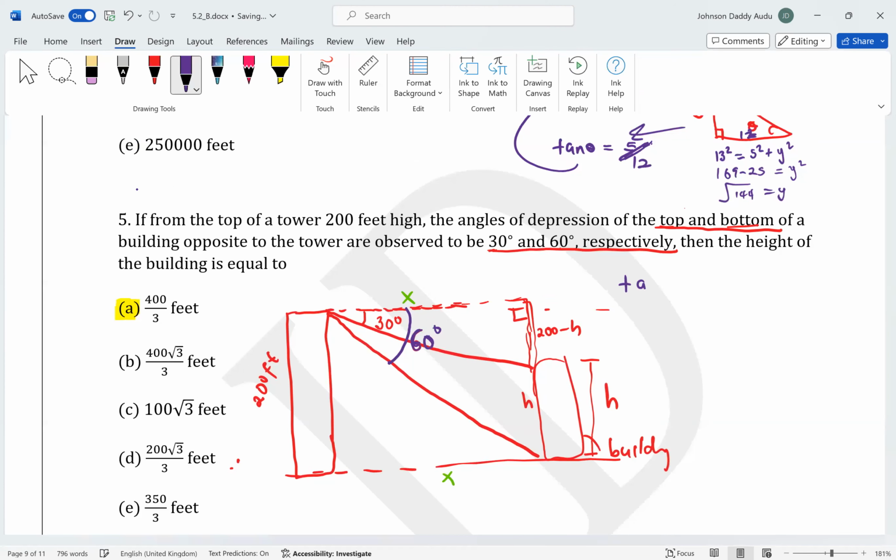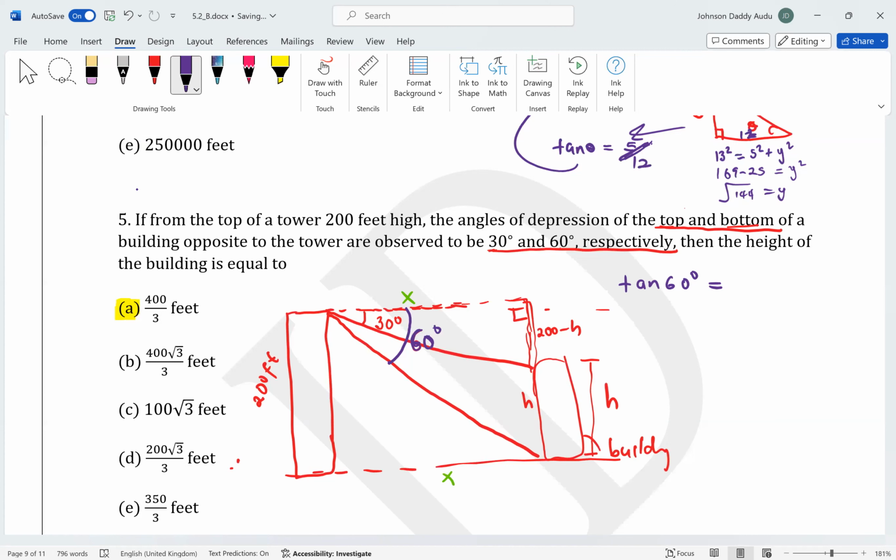So tan 60 is going to be the whole opposite. Remember, what is the opposite? Opposite is going to be all of this one, which is this whole distance, which is 200 minus H plus H and all of that.